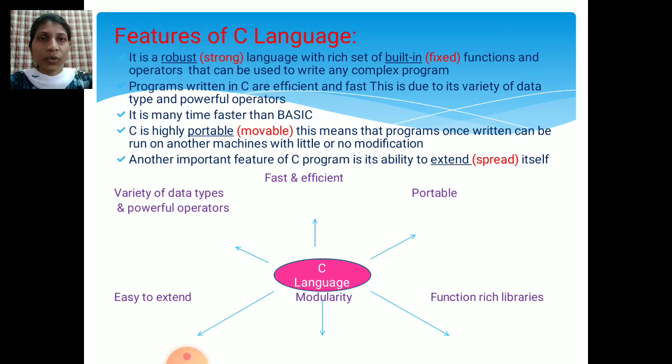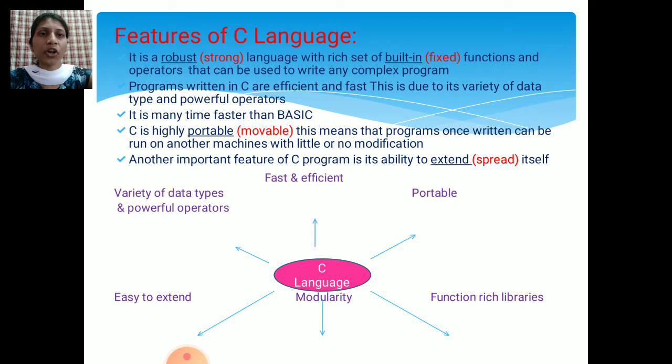The next one is that programs written in C are efficient and fast. This is due to its variety of data types and powerful operators. In this programming language, we use different data types and different operators.